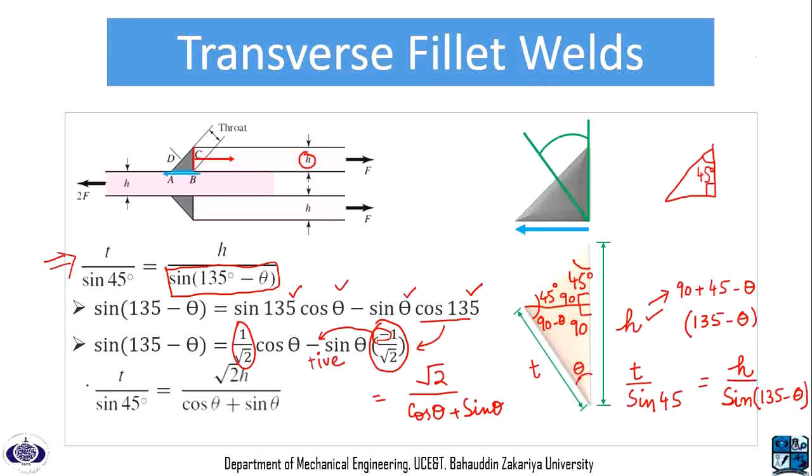So finally we have T over sine 45 is equal to square root 2 H over cos theta plus sine theta. This square root 2 is going to be cancelled out with this sine 45. So finally T is going to be H over cos theta plus sine theta.